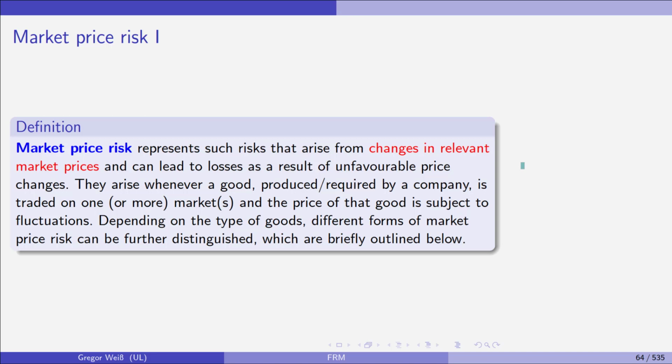And as a result, you have unfavorable price changes, price movements, and they arise whenever a good, a product, a service that is required by a company or that you own, is traded on one or more markets and the price of that good is subject to fluctuations. As you can see now, anything that has a market price can lead to market risk exposure.